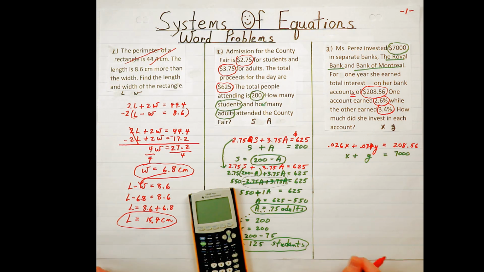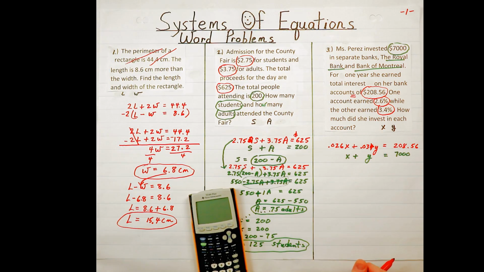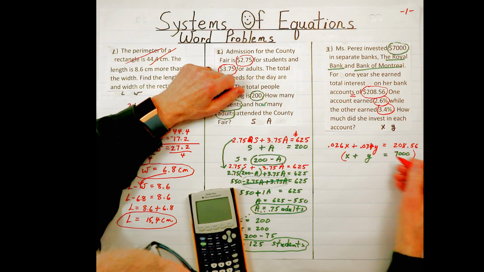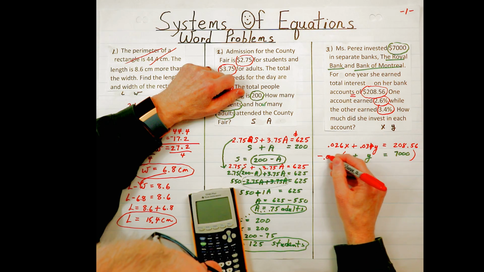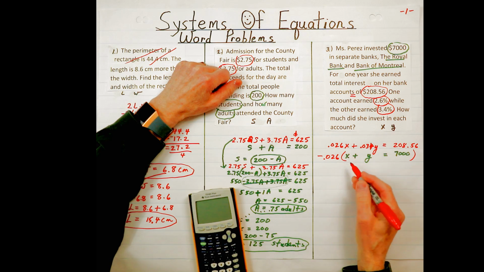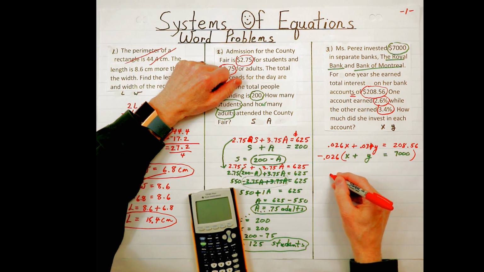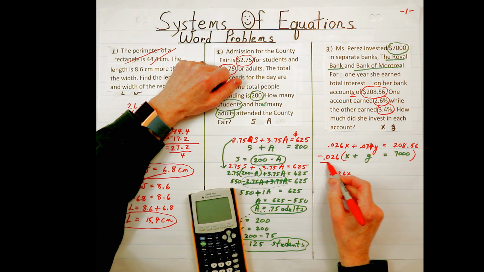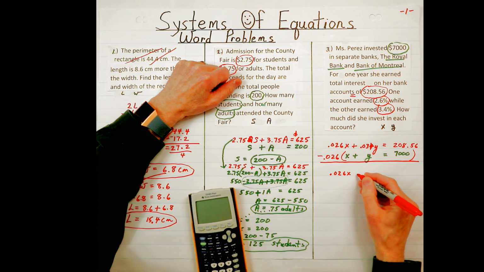All right, so if I use elimination on this one, the easiest thing to do is to multiply this equation by negative 0.026. So I'm going to bring down the first equation. I don't have to do anything with it.